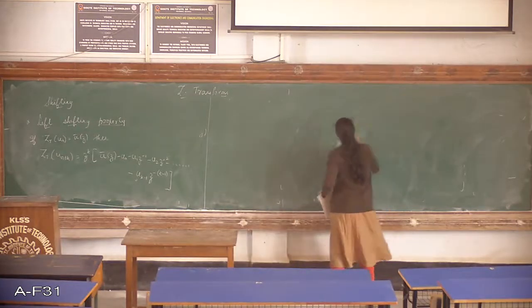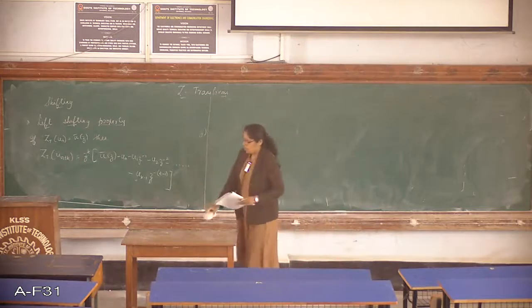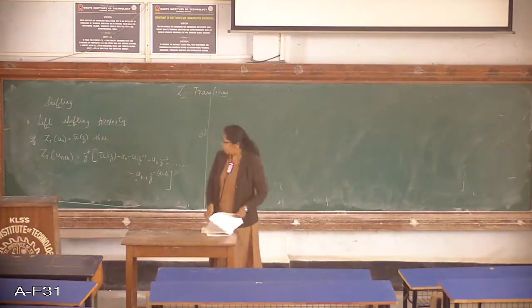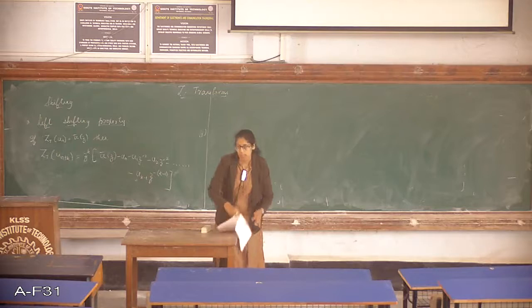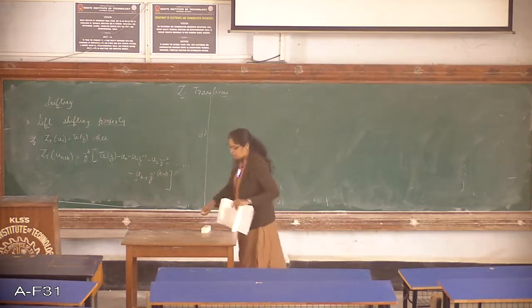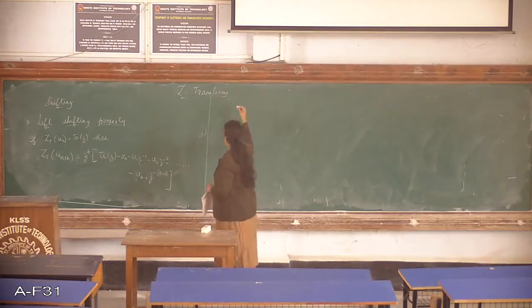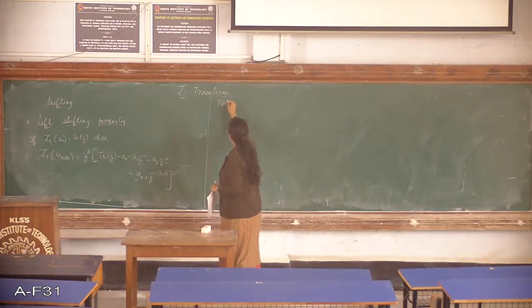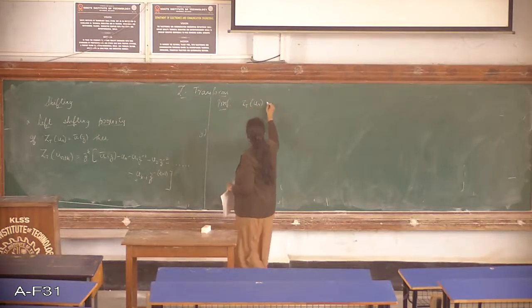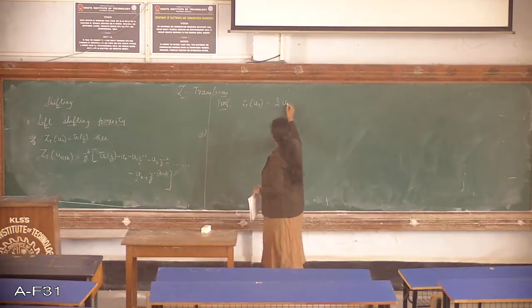Yes, the proof goes as usual. Let us just write the basic definition of the Z transform. What does the basic definition say? Proof: the Z transform of u(n) is nothing but the summation of u(n) z raised to minus n, ranging from 0 to infinity.